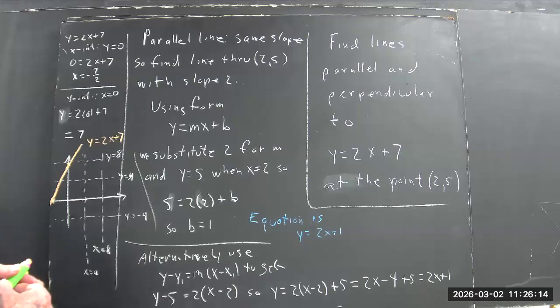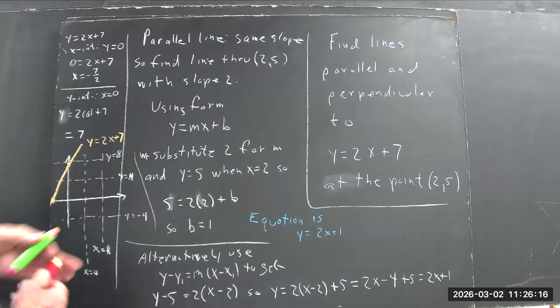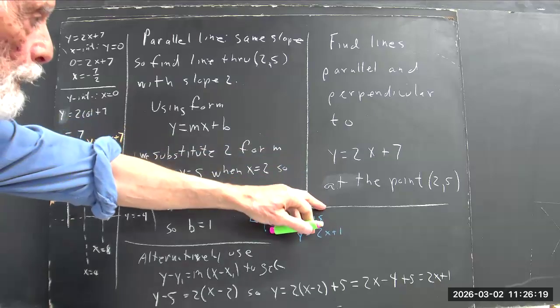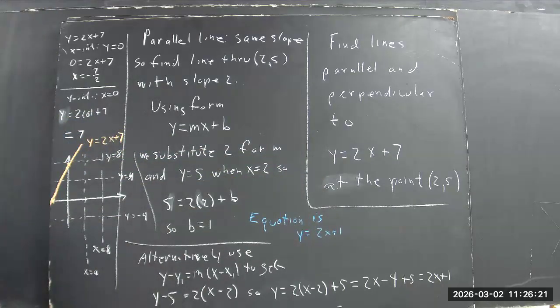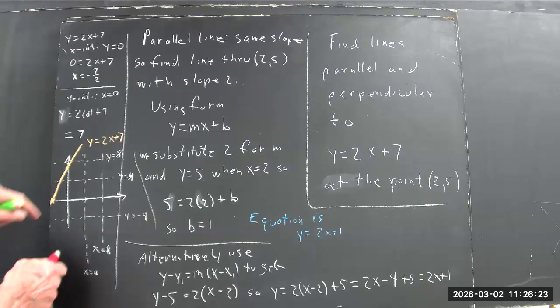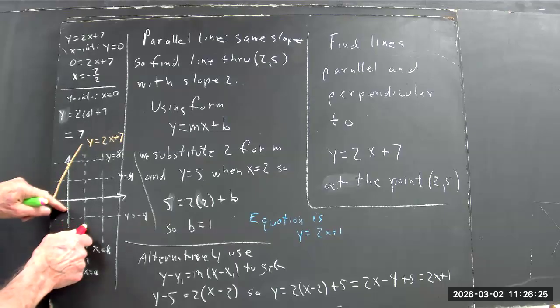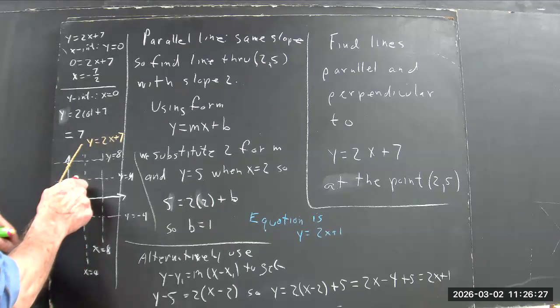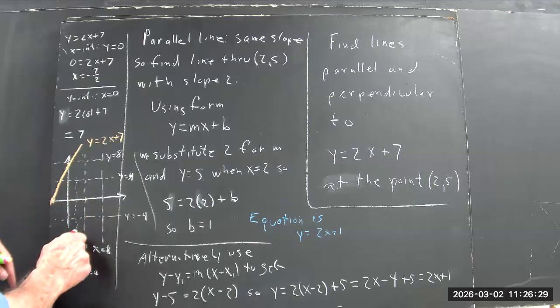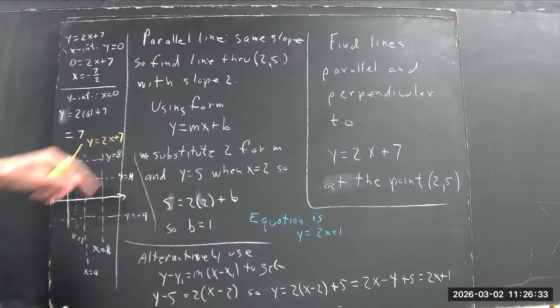Now, we want a line parallel to y equals 2x plus 7 at the point (2,5). Where's the point (2,5)? Well, x equals 2, we could even sketch a line here for x equals 2. And y equals 5.